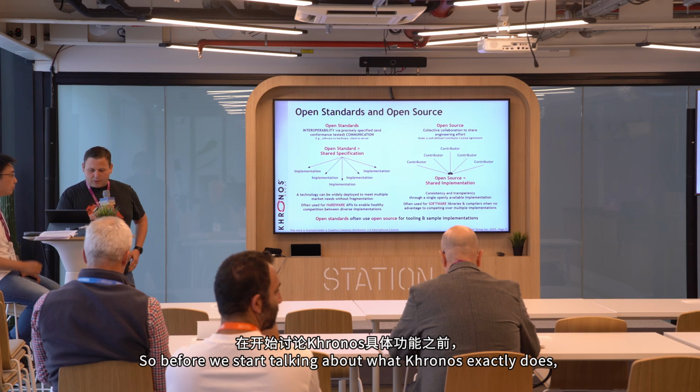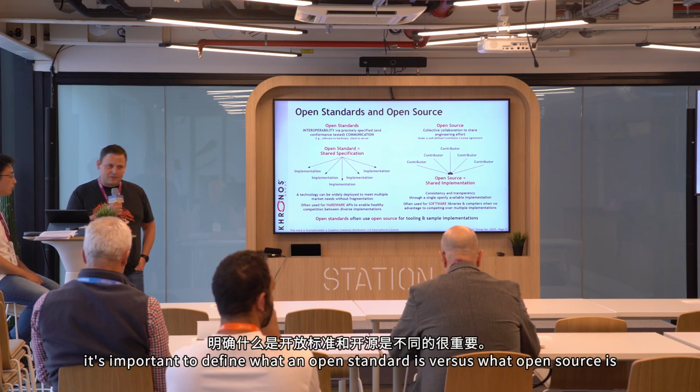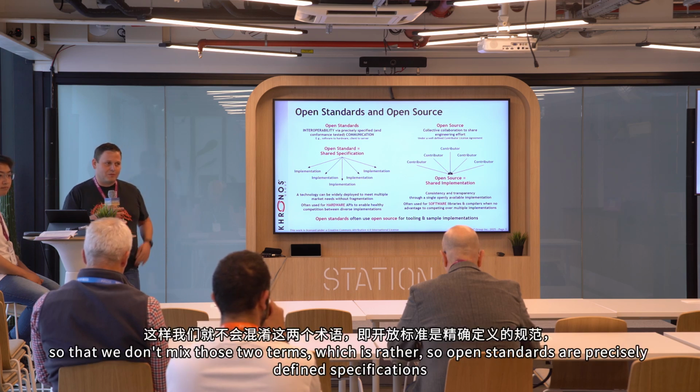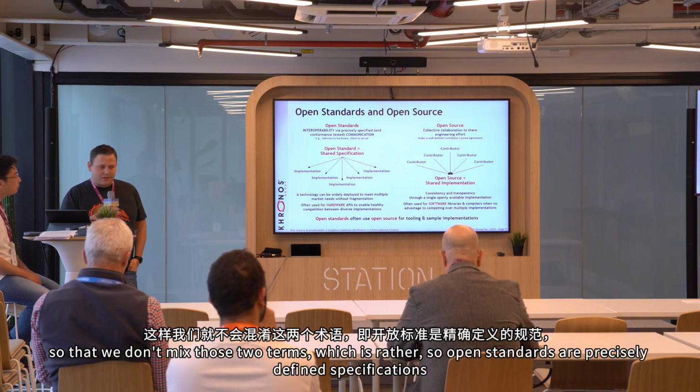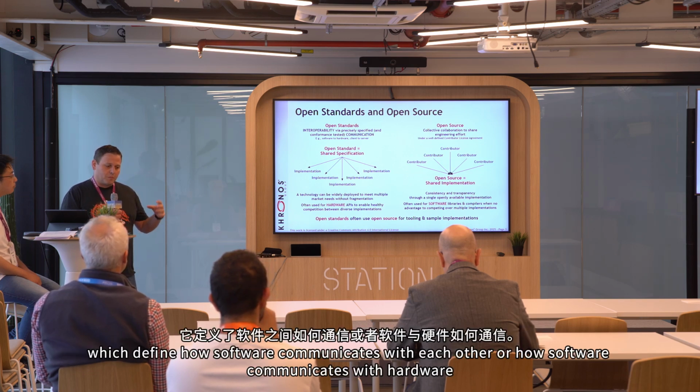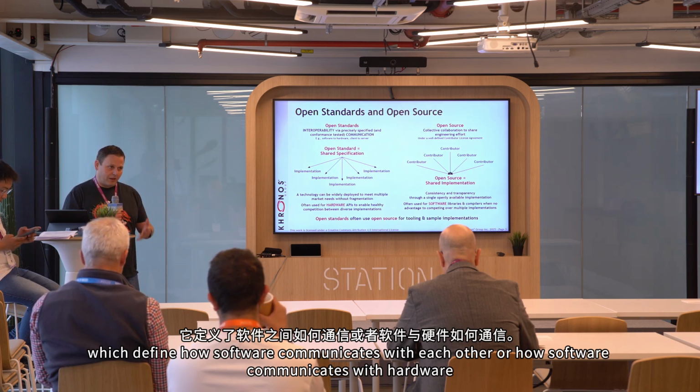Before we start talking about what Khronos exactly does, it's important to define what an open standard is versus what open source is, so that we don't mix those two terms. Open standards are precisely defined specifications which define how software communicates with other software or how software communicates with hardware.